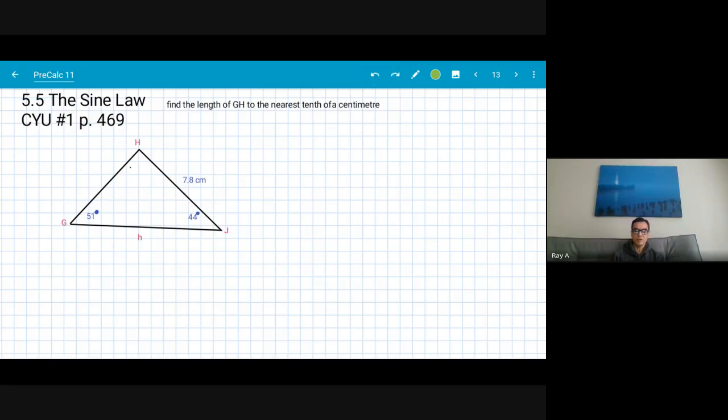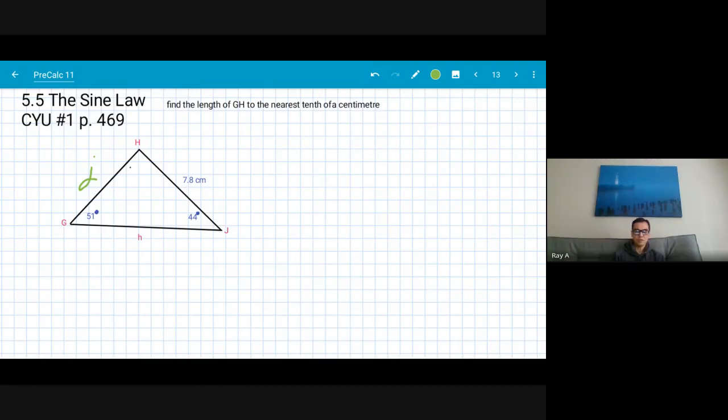Now, what little letter should be used to represent GH? What angle is opposite GH? Well, it's angle J, and the side opposite angle J is GH. So let's represent it using little j.